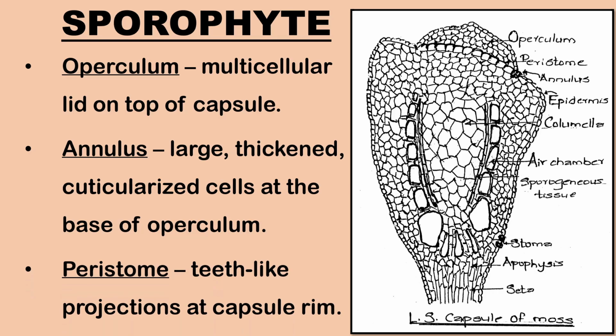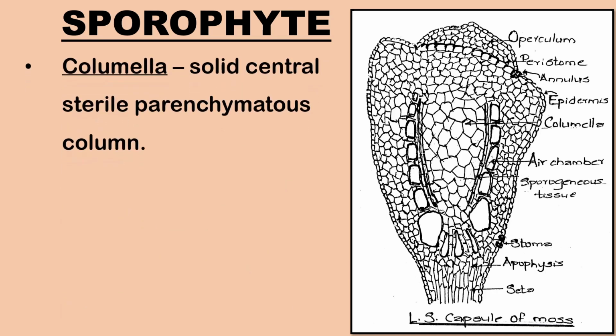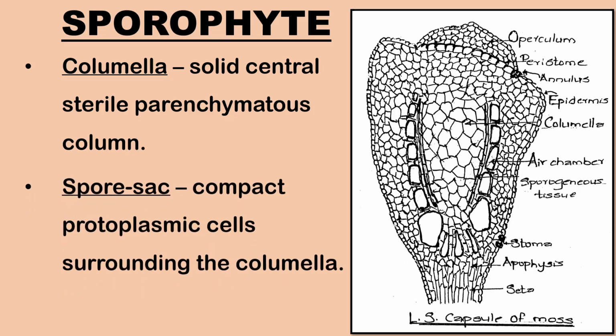Peristome, they are teeth-like projections at the rim of the capsule which respond to atmospheric changes in humidity. Columella is the solid central sterile parenchymatous column. Spore sac, two layers of compact protoplasmic cells surrounding the columella constitute the sporogenous tissue or spore sac.